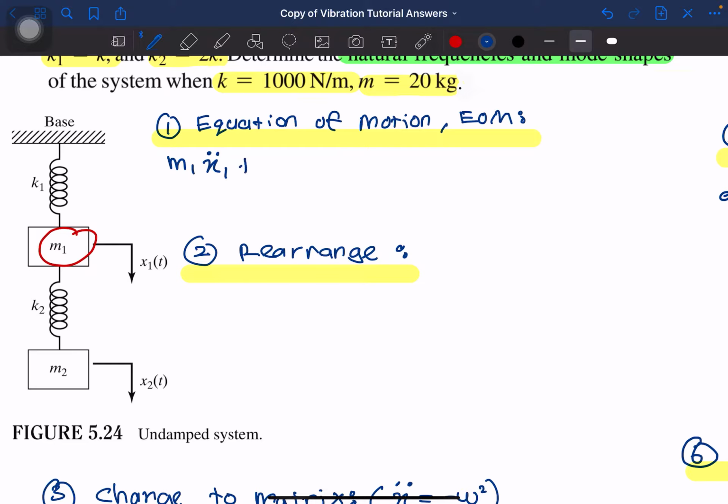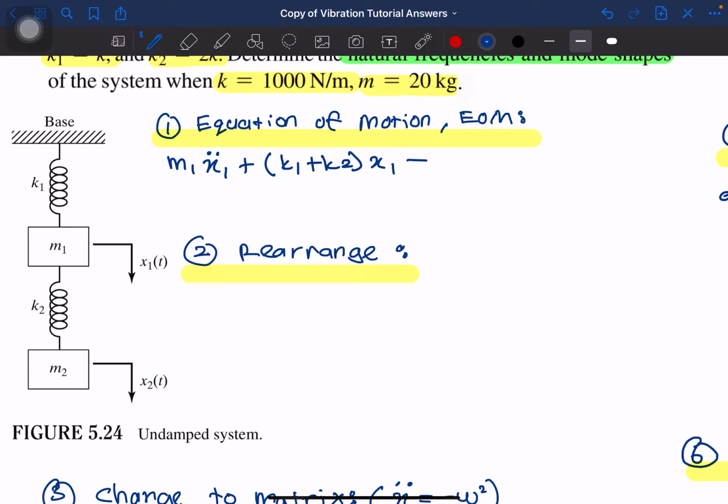So plus, m1 is attached to k1 and also k2, so you add k1 and also add k2, at x1.